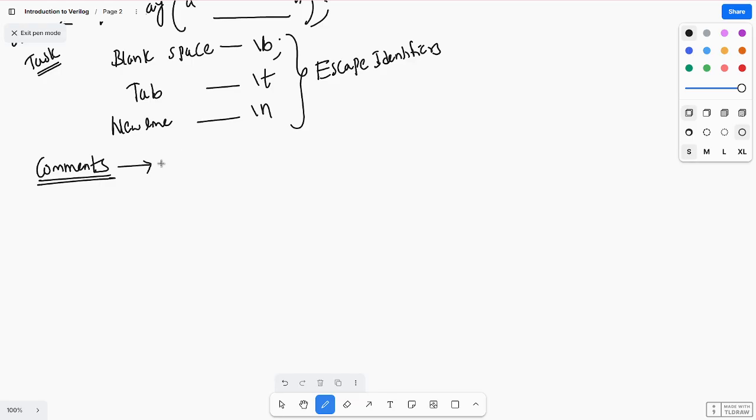Here also the same comments are there. Comments increase readability and help in understanding the line, that is, understanding that instruction.